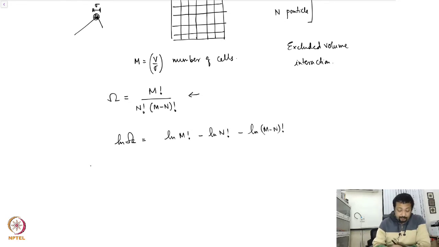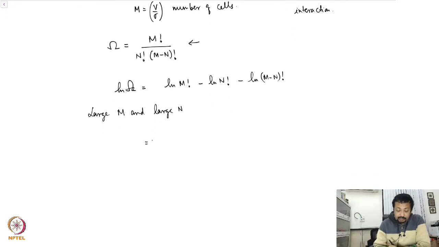In the limit of large M and large N, I have Stirling's approximation for ln of N factorial, M factorial and M minus N factorial, so that I have M ln M minus M, minus N ln N plus N, minus M minus N ln of M minus N plus M minus N.